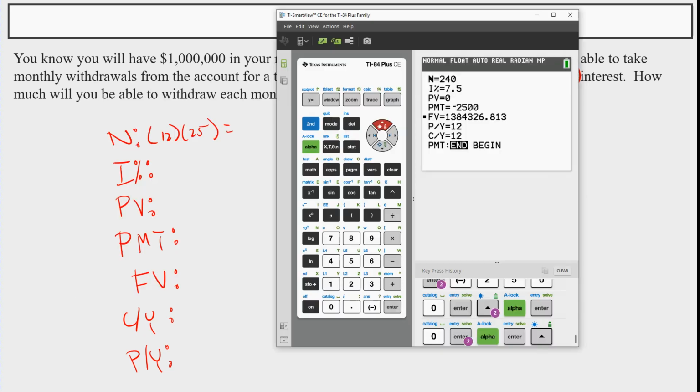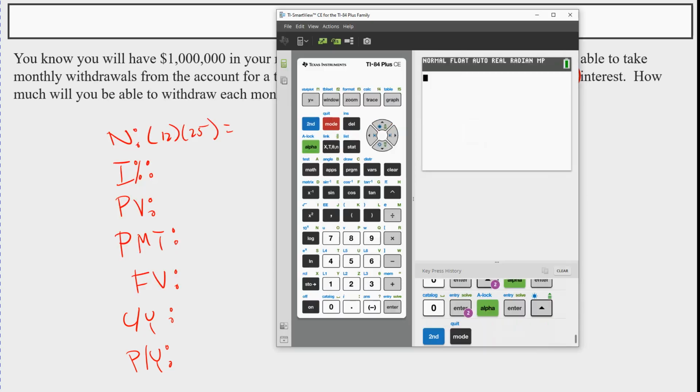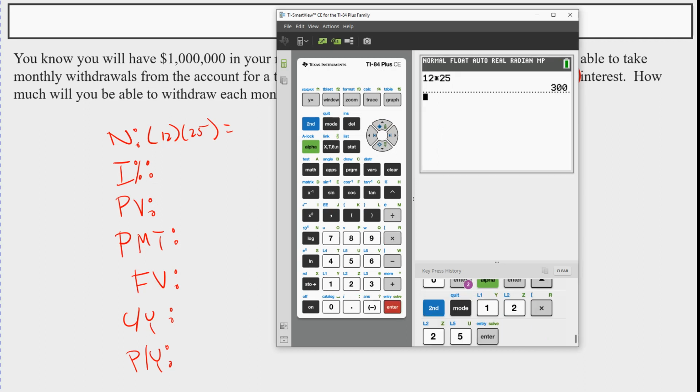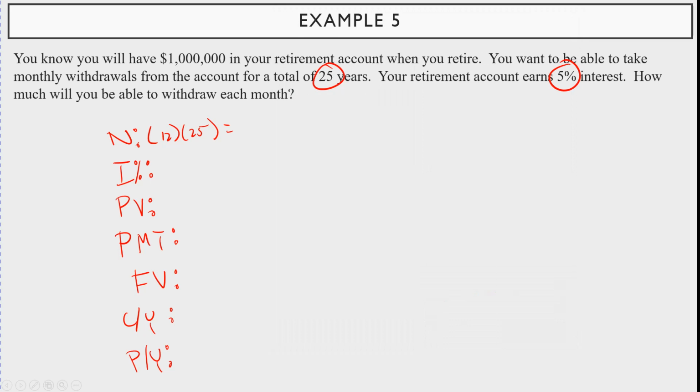It'd be 300, I think. So you're going to make 300 payments to yourself. We got that. Interest rate is 5%. And now here you're asking how much you can withdraw each month, so this is what you're solving for. Payments per year and compounds per year are going to be 12.